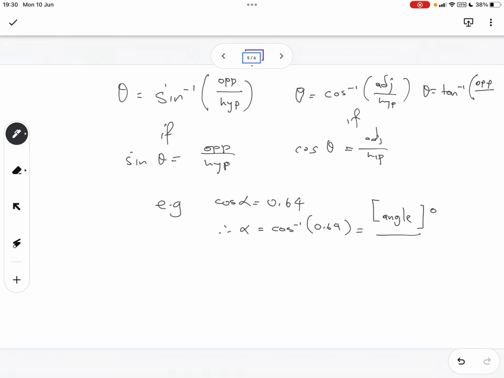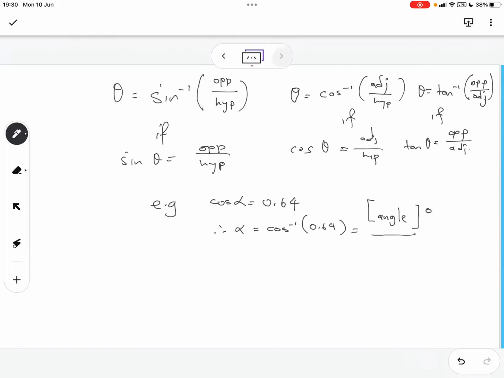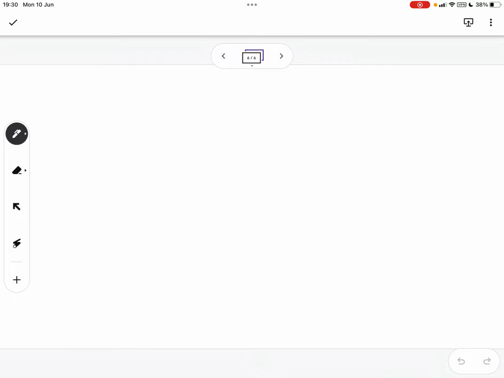Theta equals arc cos of adjacent over hypotenuse if cos theta is adjacent over hypotenuse, and also theta equals arctan opposite over adjacent if tan theta is opposite over adjacent. That way it seems more universal.